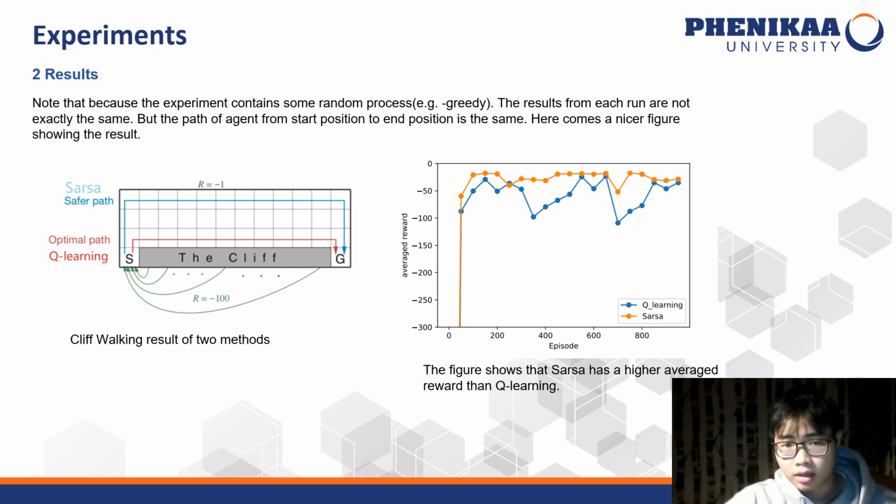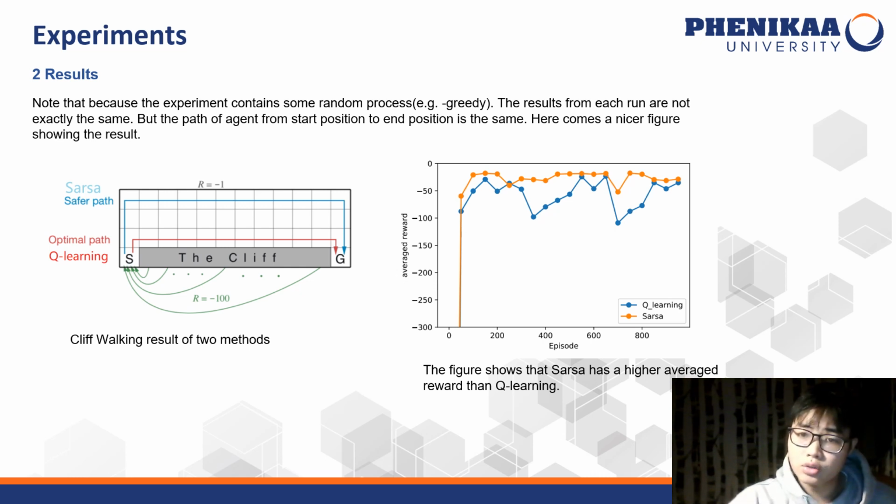So SARSA has a higher average reward than Q-learning. This is in line with our expectation. Q-learning chooses the optimal way through the environment and may have a maximum reward. It's very possible to fall into the cliff with the epsilon-greedy strategy.